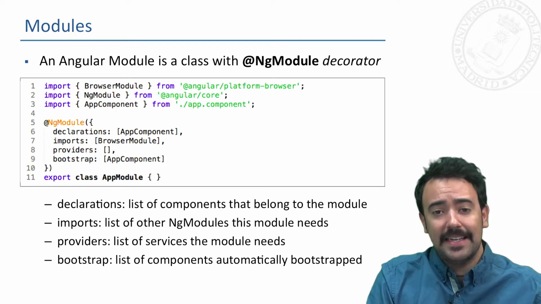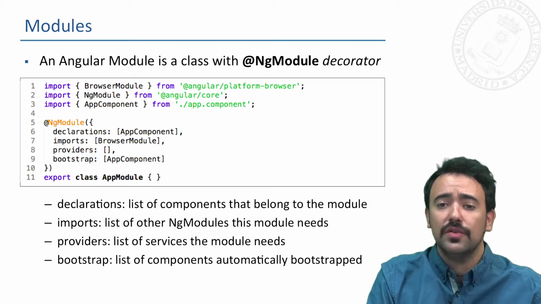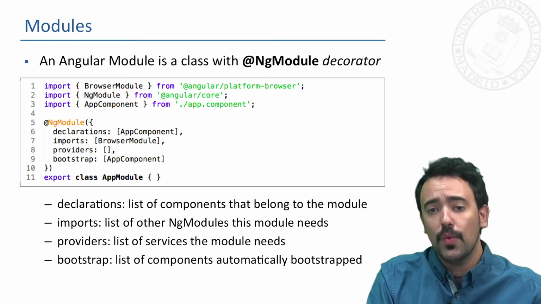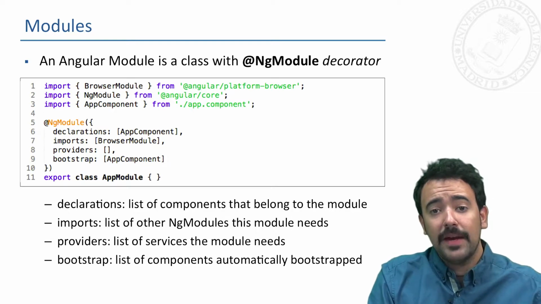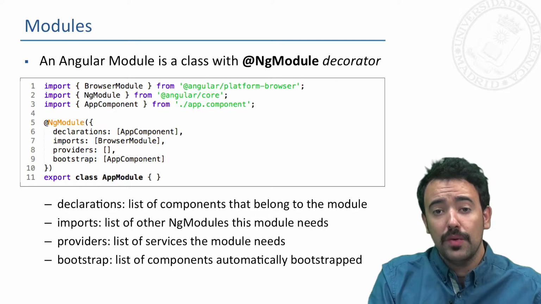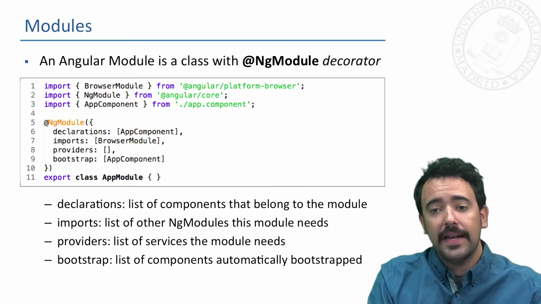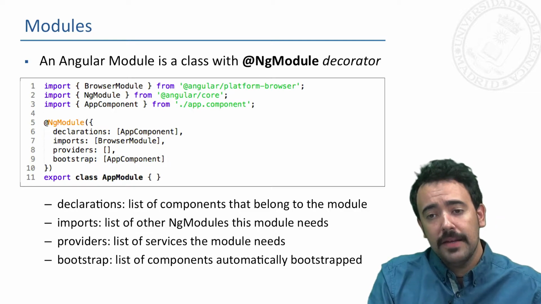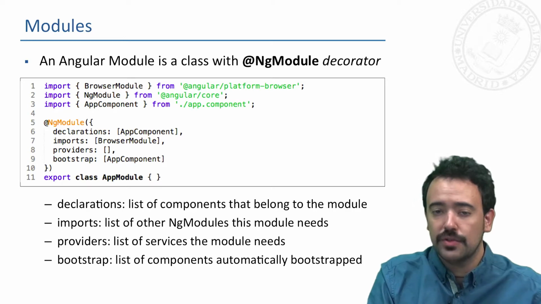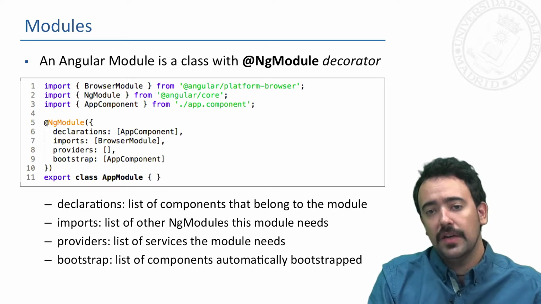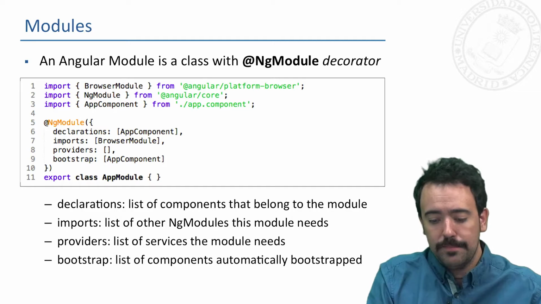Imports indicates to Angular the list of modules that you want to use inside this module. On the other hand, providers indicates to this module the list of services that you need to use. And finally, the bootstrap array indicates the components you want to automatically bootstrap when starting this module.